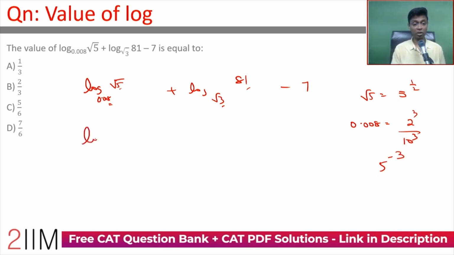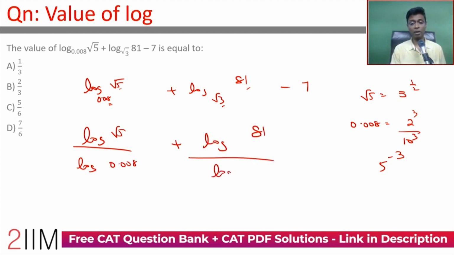I'm going to write this as log root 5 by log 0.008. Write this as log 81 by log root 3. Choose this base to be 5, this base to be 3, minus 7.